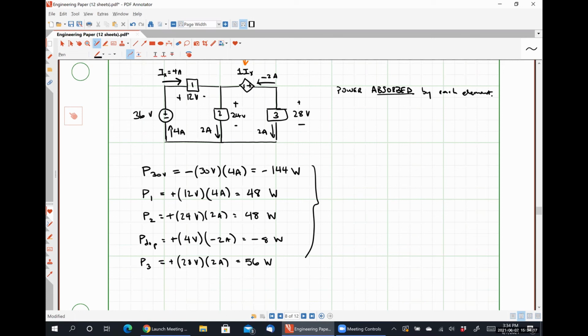If we added all of these together, we would get a sum of 0 watts being absorbed by the system, which makes perfect sense because if we got anything other than that, then one of our elements would either be creating or destroying energy, okay?